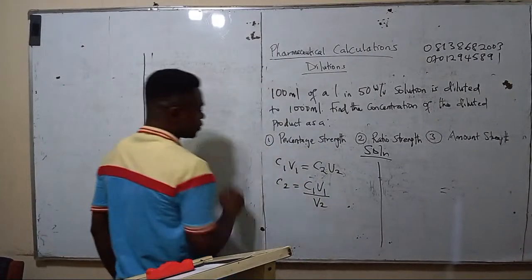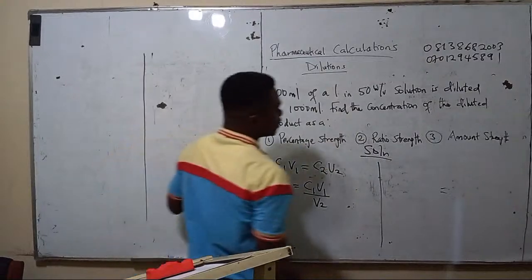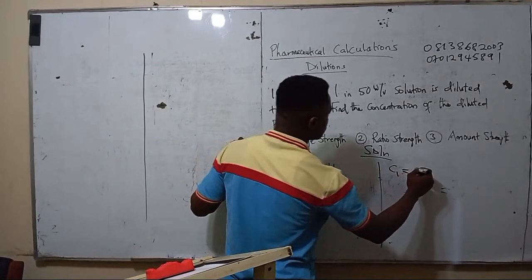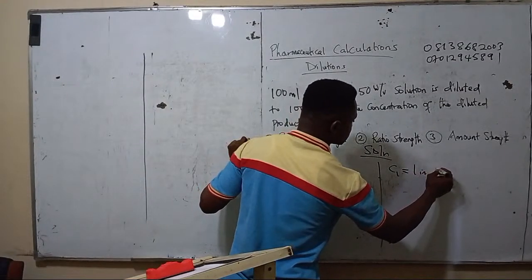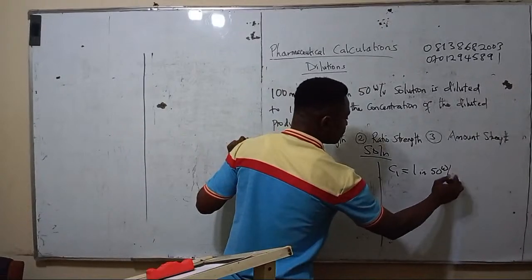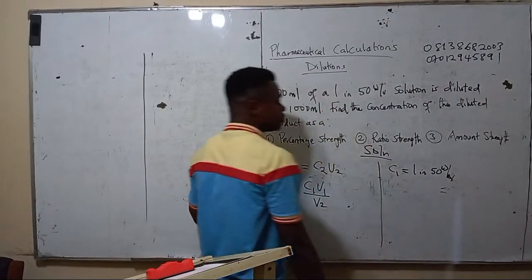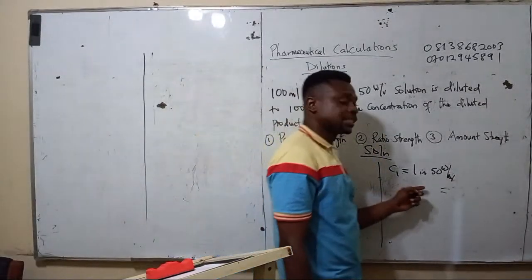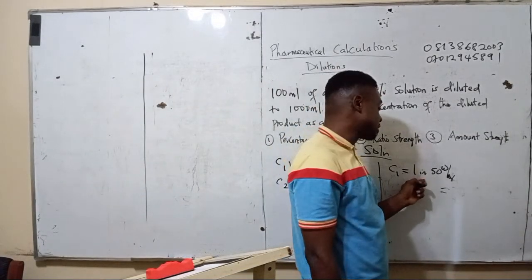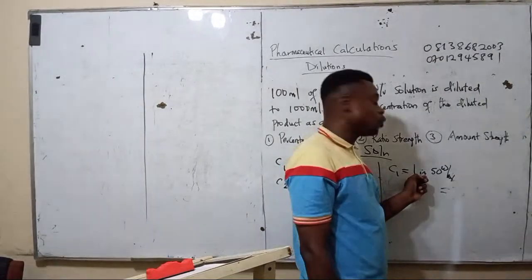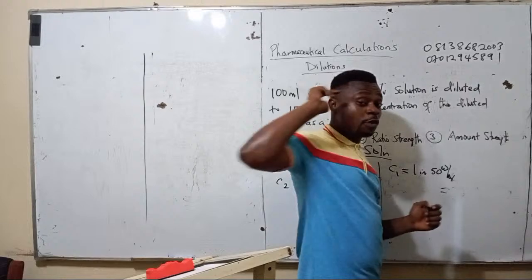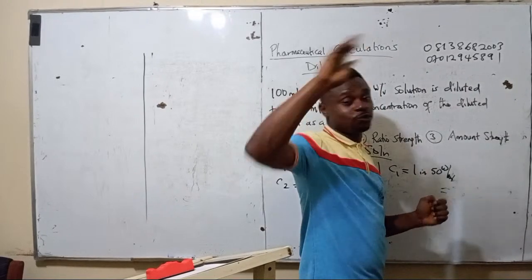From here, our C1 is equal to 1 in 50 weight in volume. For us to be able to work with this, let's move it to percentage strength. Remember the convention, unlike the one we solved previously when we have weight in weight.